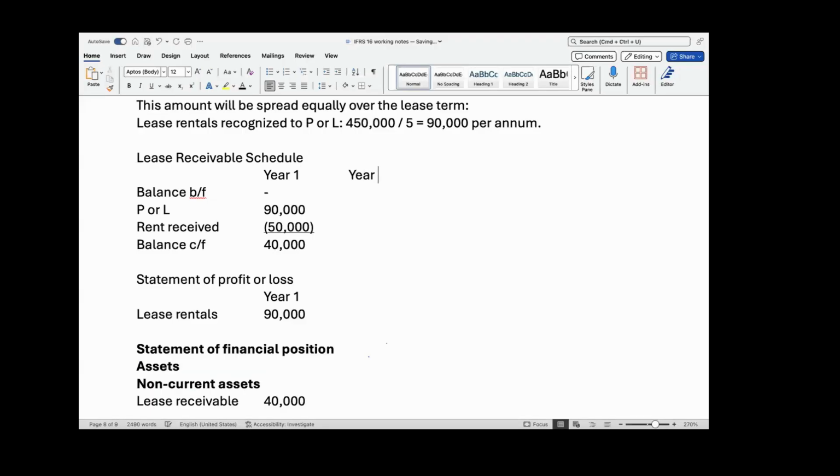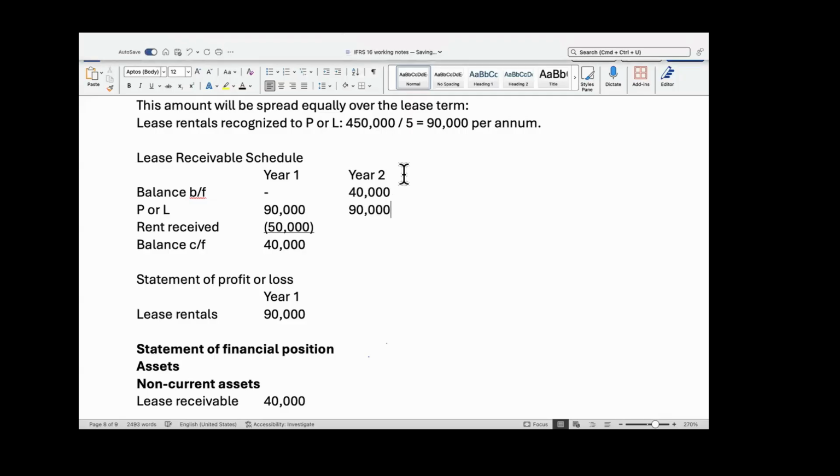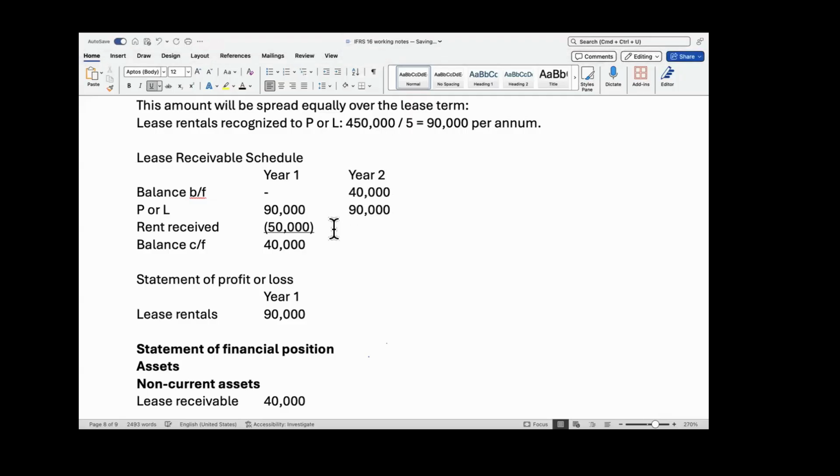So in year 2, the balance is 40,000. I recognize the same 90,000 to P&L. And then I receive 100,000 as rent in year 2.